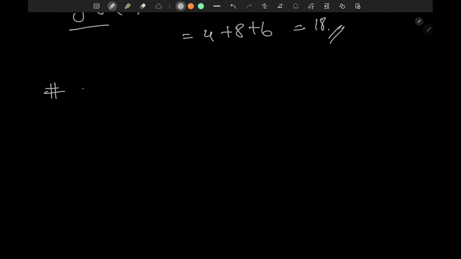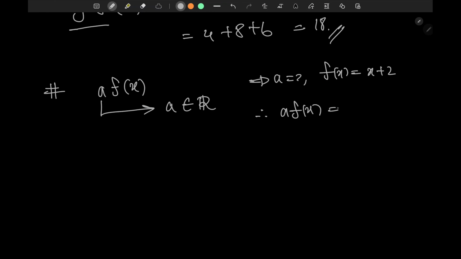So again, by operations, I mean you can do a scalar multiplication with a function, where a is a scalar, that means a real number. So if you have a equals 2, f of x equals x plus 2, and you want to write a of f of x, this is just 2 times x plus 2, or 2x plus 4. You can multiply functions like this.